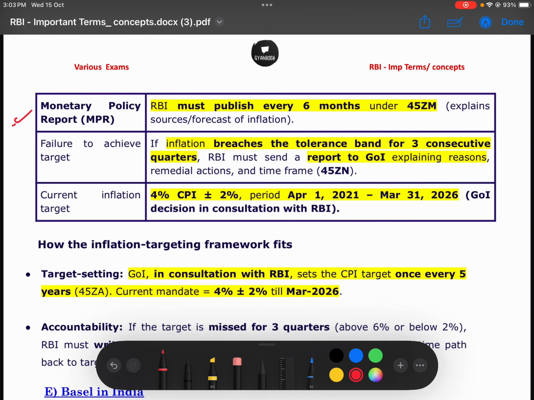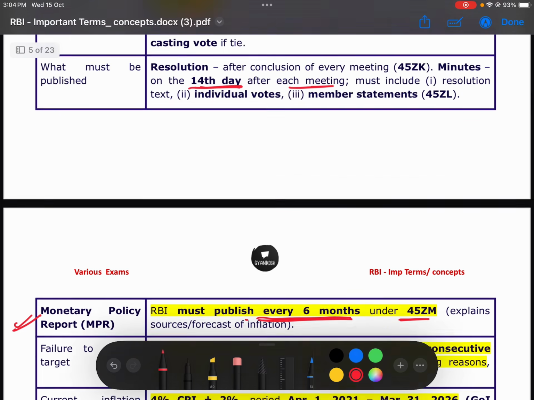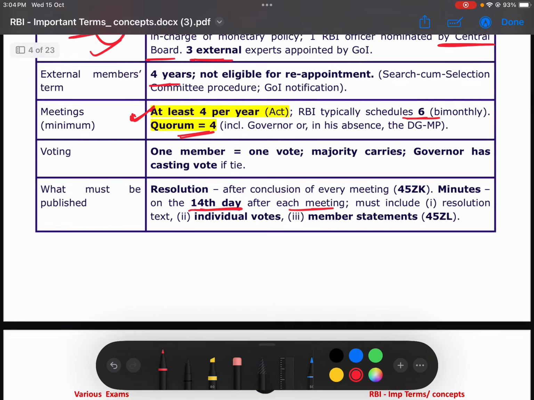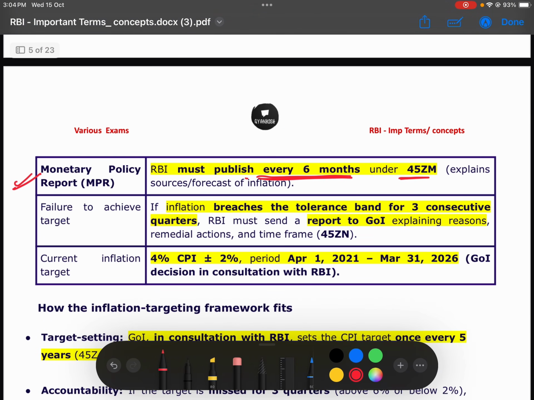Then the monetary policy report. RBI must publish a monetary policy report every 6 months. So while they have to meet 4 times in a year, it has to publish the monetary policy report every 6 months.